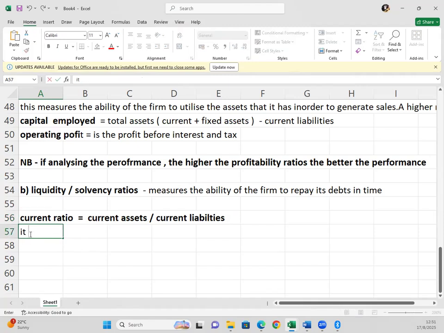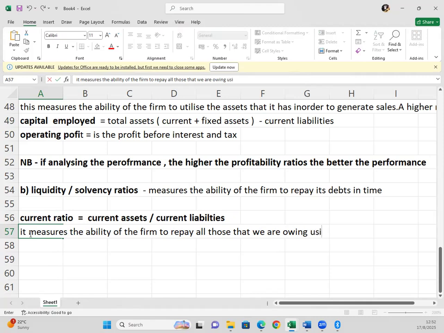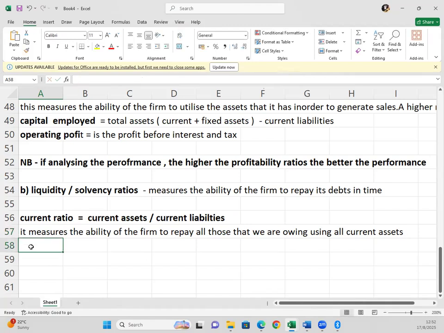Then it measures the ability of the firm to repay all those that we are owing using all current assets. So if it is the current ratio, it looks at whether we are able to pay the people we owe using all current assets. Let's take an example of current assets in a business.